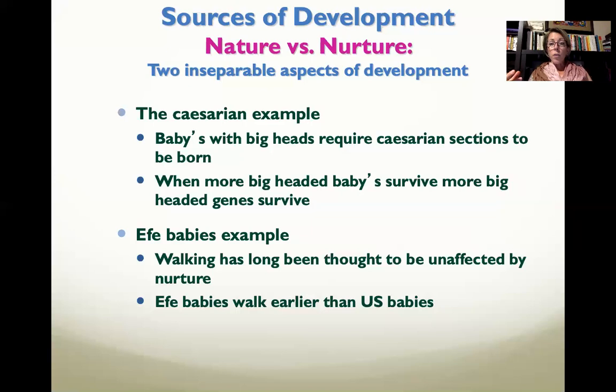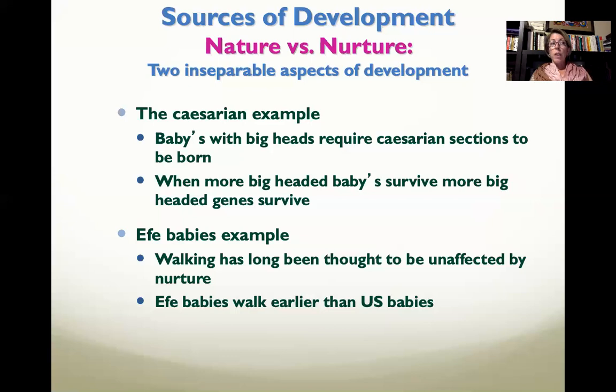As a result, moms are living, babies are living, and babies are going on to make more babies that have these genes for larger heads. As long as we've been keeping track, the diameter of the human head has been increasing.